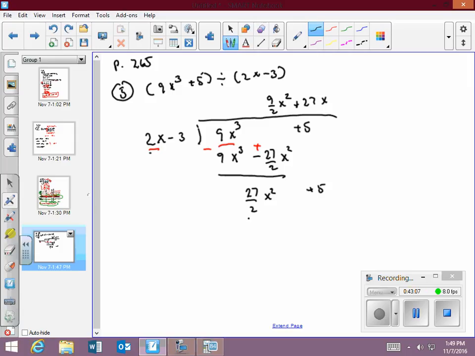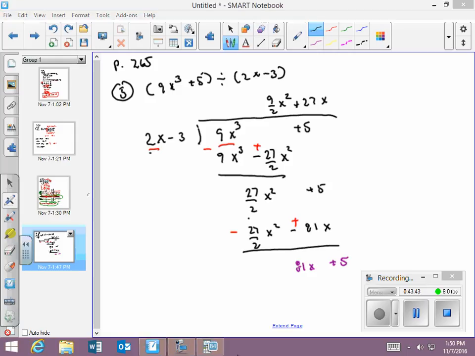So it's 27 over 2 x squared minus 3 times 27, which is 81x, is that right? Then I change my signs. This is a plus 81x plus 5. Now what do I multiply 2x by to get 81x? That's got to be 81 over 2?